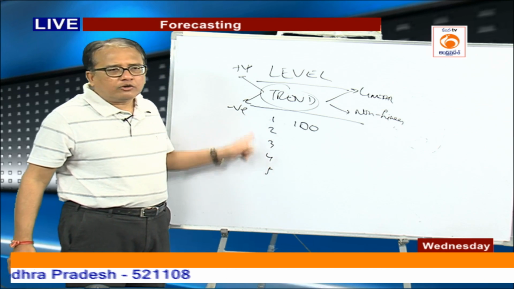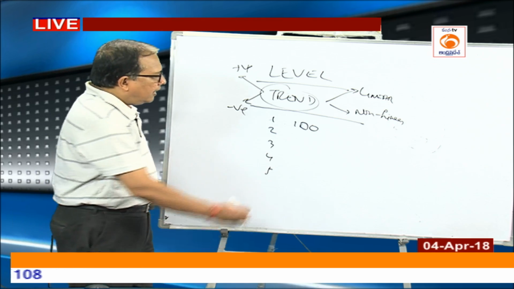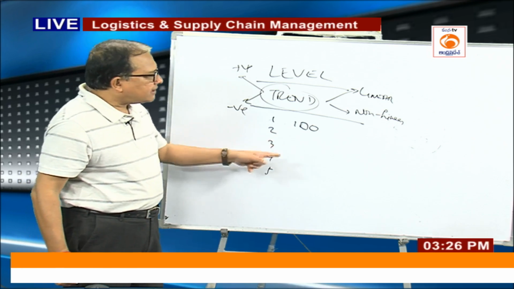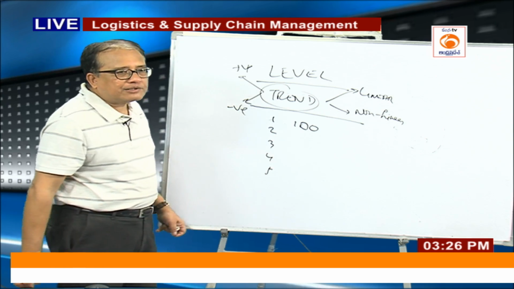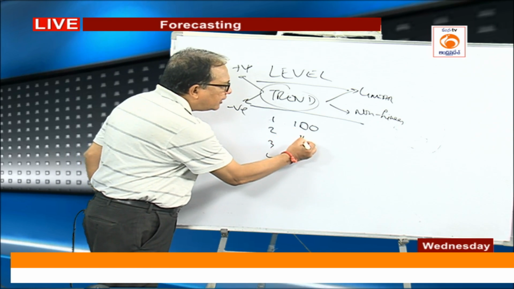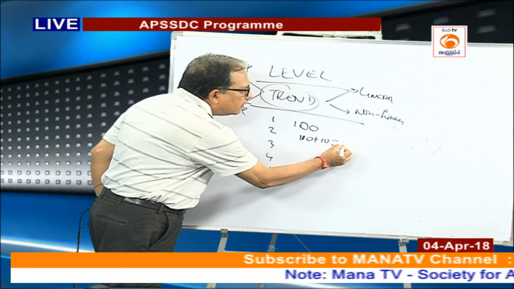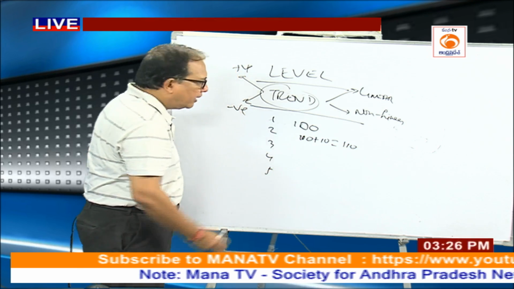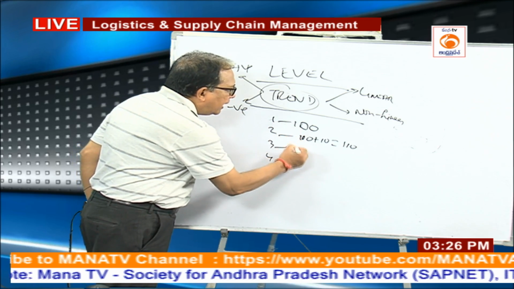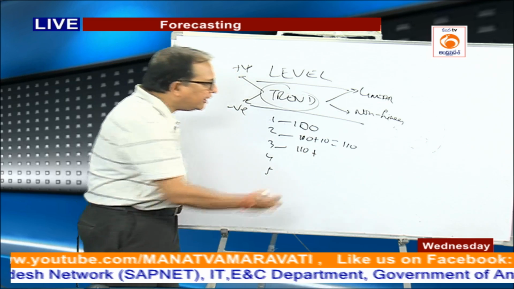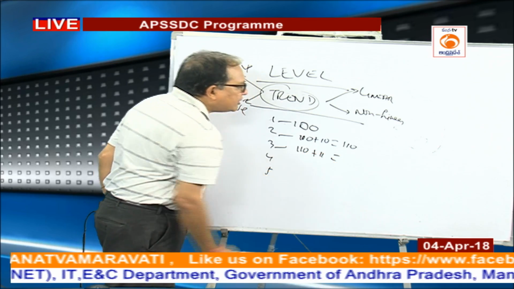It could be year, it could be months, does not matter. In the second year, we find that the demand has gone up by 10%. So, how much have I sold? 110, 100 plus 10%. In period number 3, it is again gone up by 10%. So, what is 10% of 110? 11. So, how much have I sold? 121.